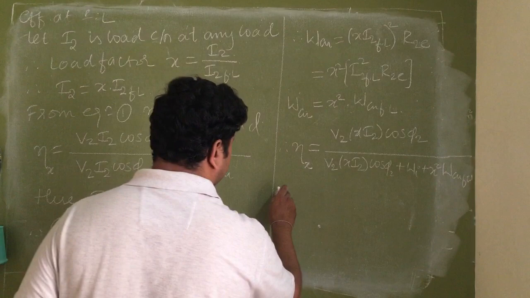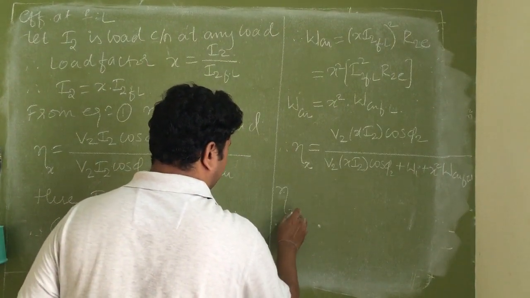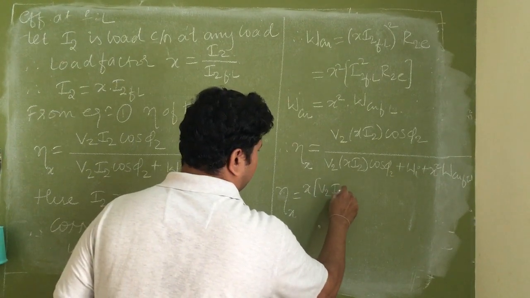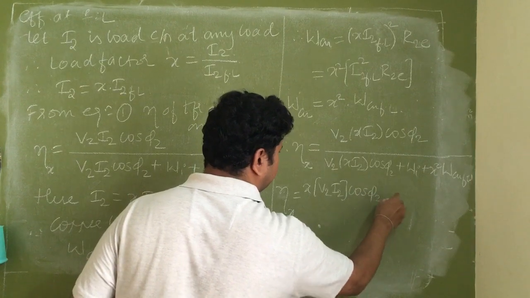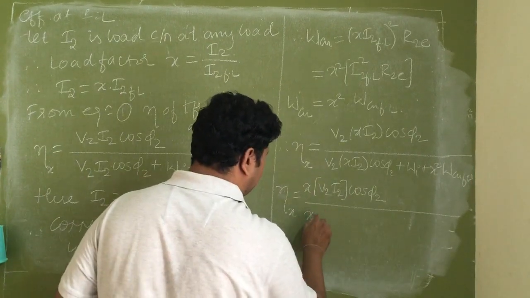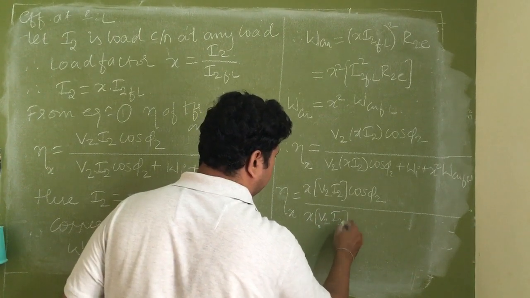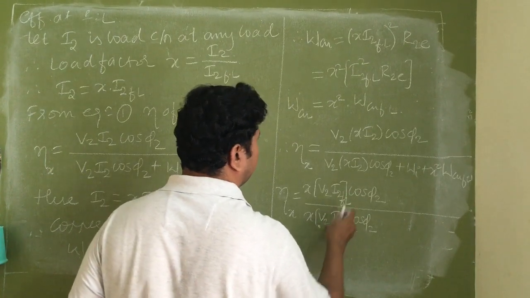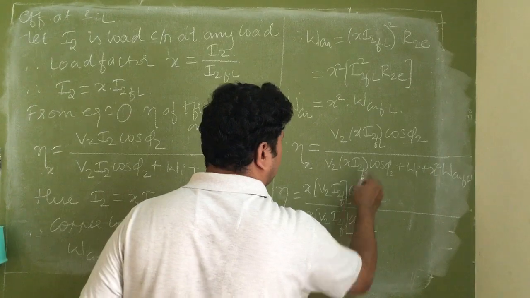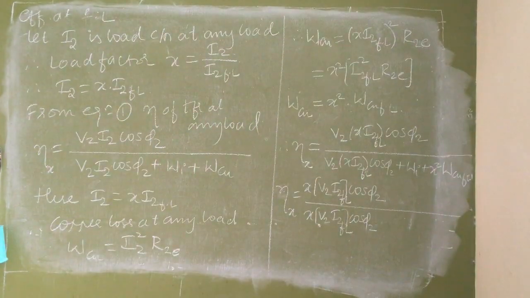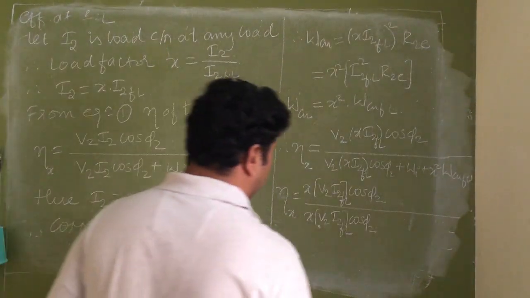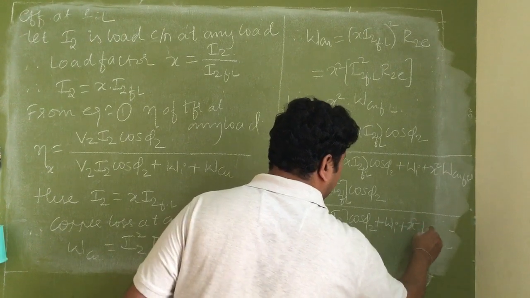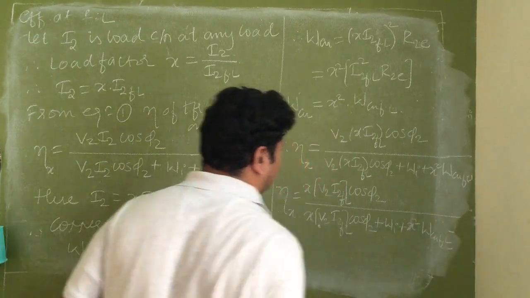Or I can write, efficiency at any load is equal to x V2 I2 full load cos phi 2, divided by x V2 I2 full load cos phi 2 plus Wi plus x square into W_cu full load.